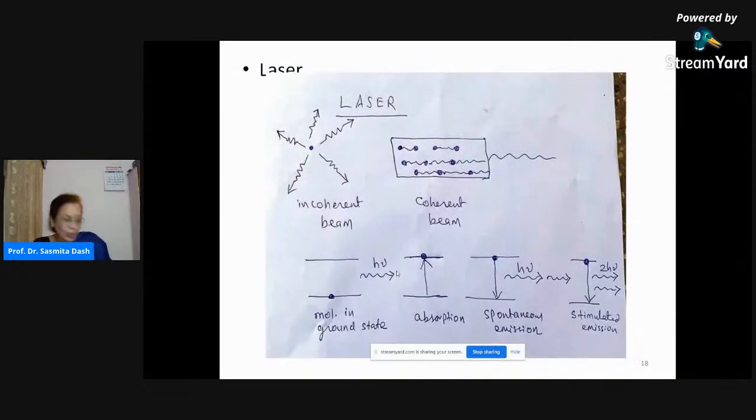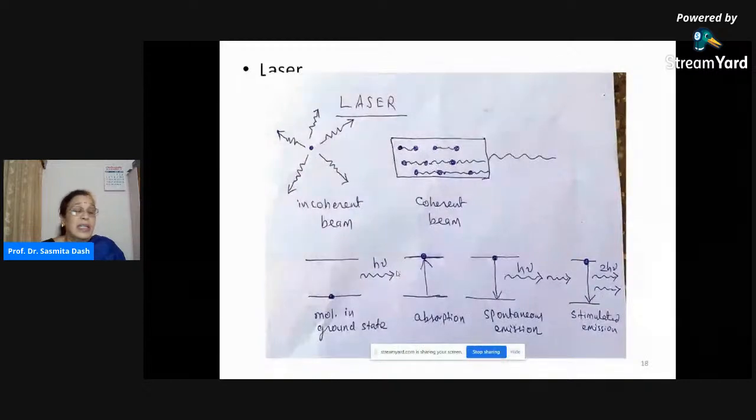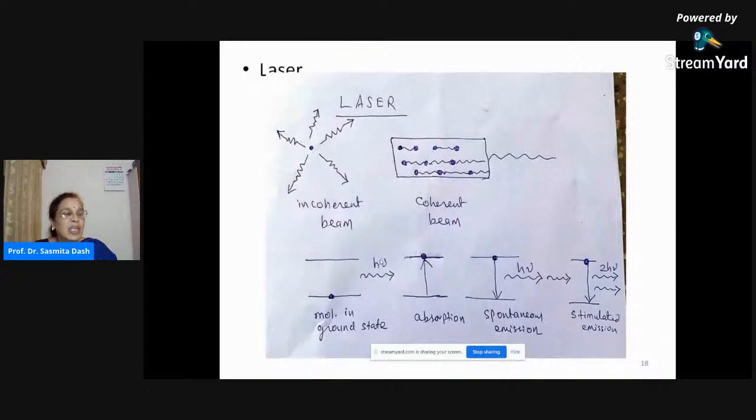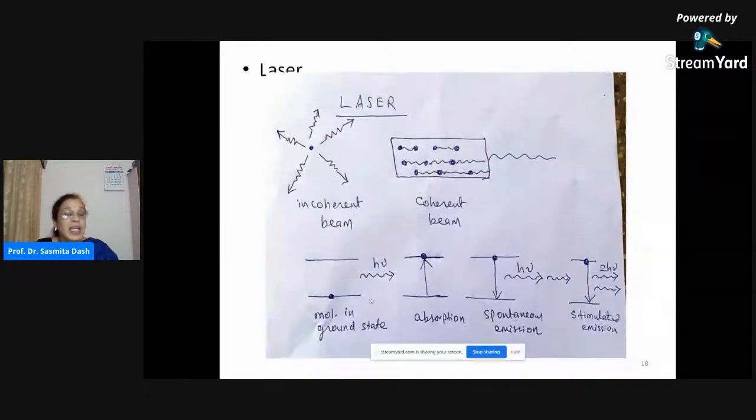Next we come to laser. All of us are very familiar with the activity of laser in our day-to-day activity. Laser is nothing but light amplification by stimulated emission of radiation. Let us discuss how laser action takes place.